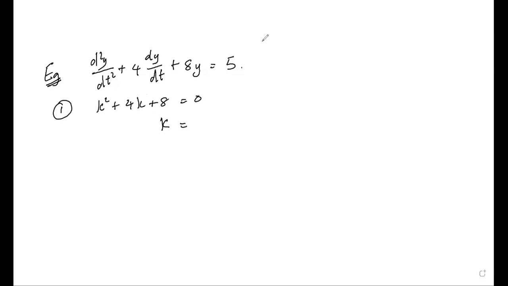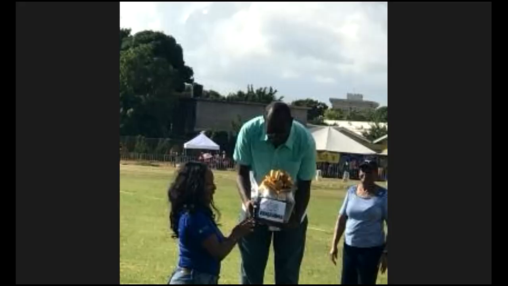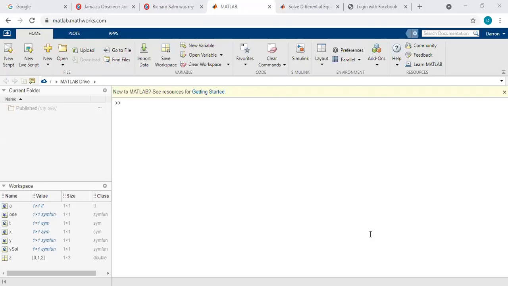What I want to do is deal with this in MATLAB. It might be a bit ad hoc, but I have an online link to MATLAB that I have brought up. The thing was k² + 4k + 8.